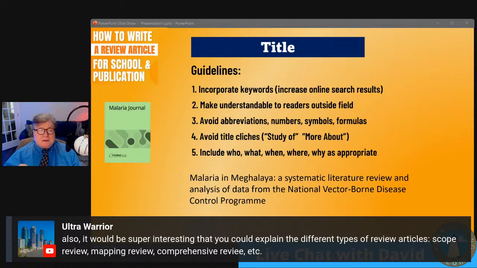The most important place, and I'm going to go ahead and answer this, Ultra, because I think I can answer it relatively quickly, where you can find the important types of review articles is the journal where you hope to publish. Now, that's one answer. Another answer, and I think this is what you might be looking for, is what kind of review article should I write in my class? And if that's the question, then all I need to know is what the class is and what the assignment is.